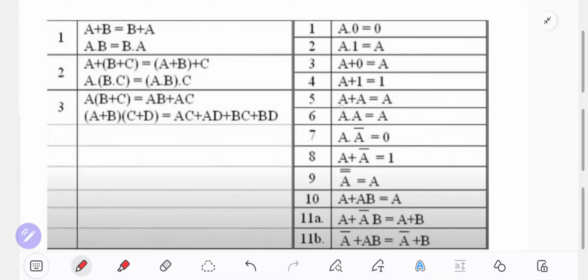Next, if you have input A plus A is equal to A, not 2A, but just A. A times A is equal to A, not A squared. It's the same with this: if you have A and then times with 1, the result is A.